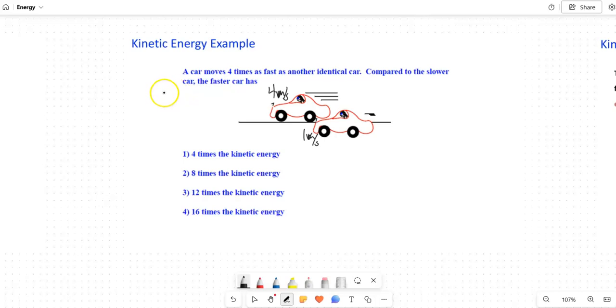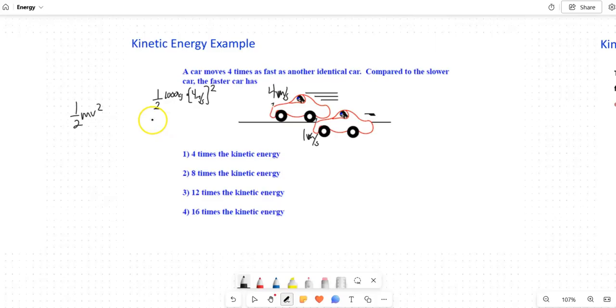Kinetic energy is 1/2 mv squared, so this top car is going to be 1/2 times 1,000 kilograms, its mass, times the velocity squared, which is 4 meters per second squared.